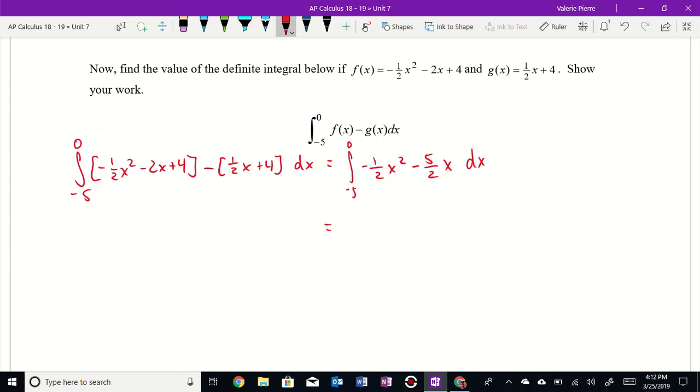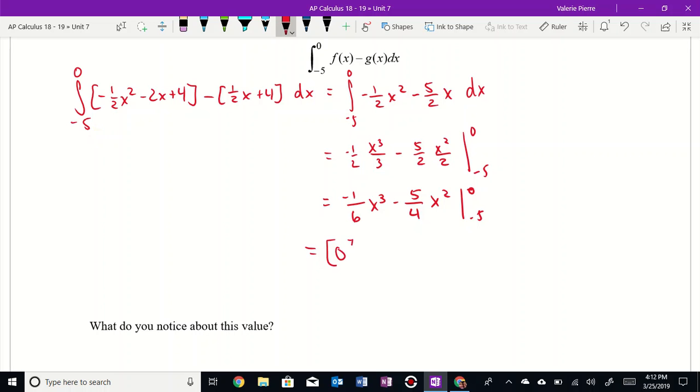So when we integrate this, we get negative 1/2 x cubed over 3 minus 5/2 x squared over 2 from negative 5 to 0, which gives us negative 1 over 6 x cubed minus 5 over 4 x squared from negative 5 to 0.